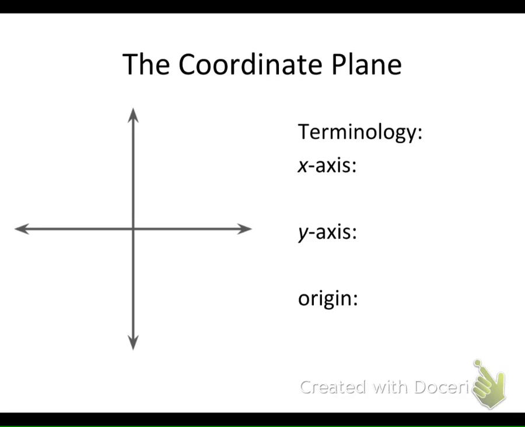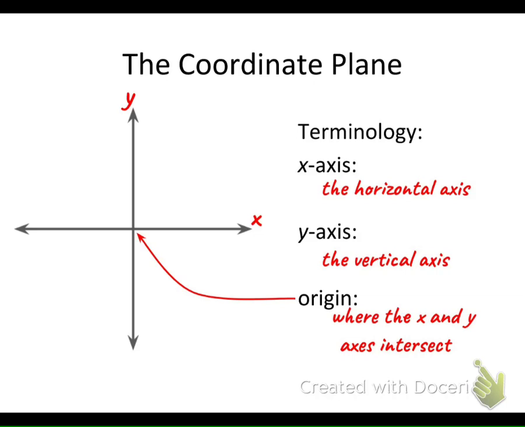So let's fill out some of our note sheet here. So terminology. Go ahead and write this down on your note sheet. So it's right at the top. So you're going to do a couple things here. The first thing you're going to do is make sure you label your y-axis. You label your x-axis.